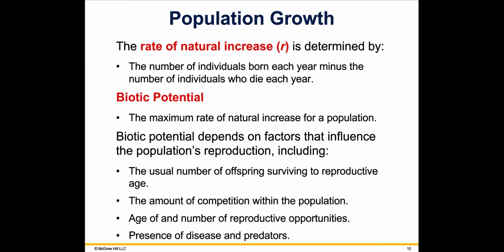One of the things that matters for this biotic potential is the number of offspring that survive to reproductive age. If I have more individuals surviving to reproductive age, then I can have more babies be born. If I have fewer individuals surviving to reproductive age, then I will have fewer babies being born.